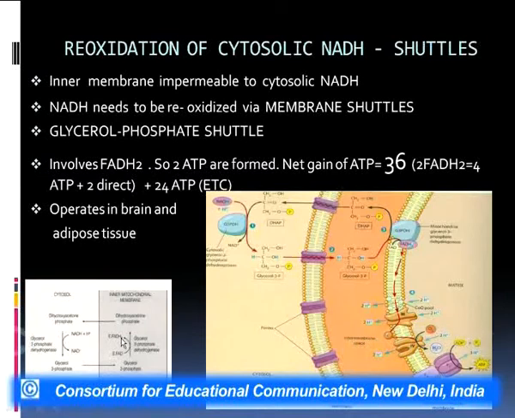We have just seen in the electron transport chain that when this FADH2 enters, it would give only 2 ATP. So, the net gain of ATP would be 36. If you remember, 2 FADH2 will give 4 ATP and 2 are direct.